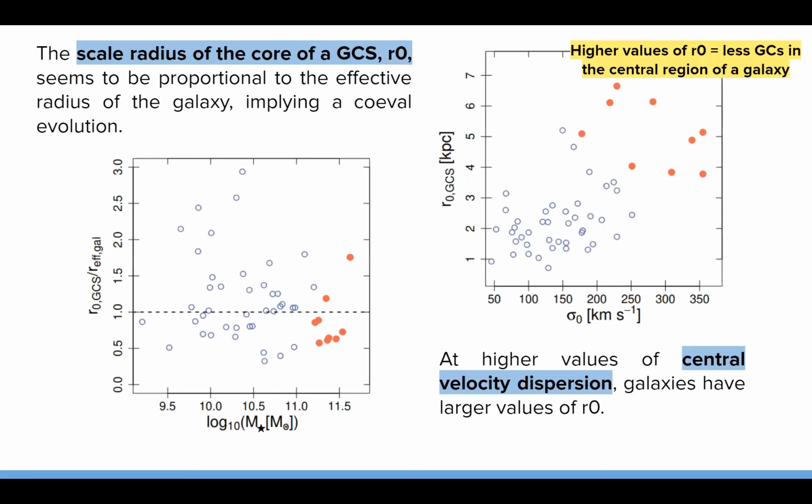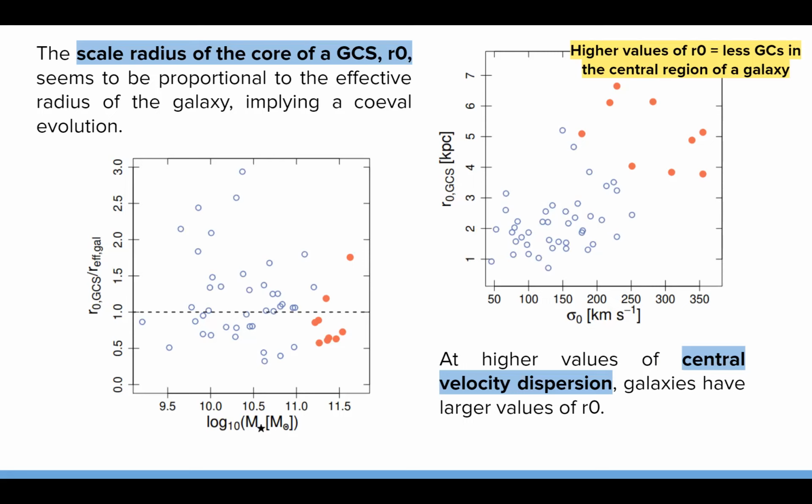And then the work we're working on, the analysis that we're performing now, we're looking at a different property of the radial distribution of the globular cluster system, which is the core of the globular cluster system. The idea is that we have this parameter, R0, which gives us an idea of how many globular clusters we have in the central region of the galaxy.